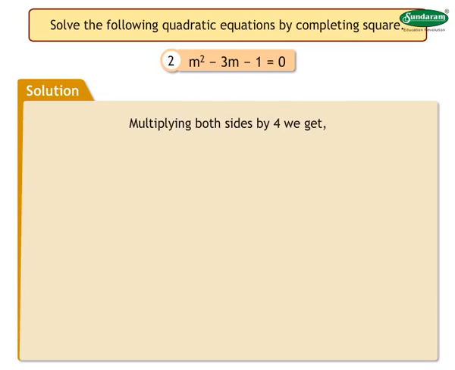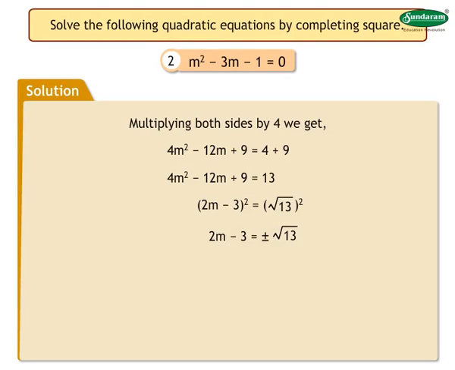Multiplying both sides by 4, we get 4m² - 12m + 9 = 4 + 9. 4m² - 12m + 9 = 13. (2m - 3)² = (√13)². 2m - 3 = ±√13. m = (3 + √13)/2 or m = (3 - √13)/2.